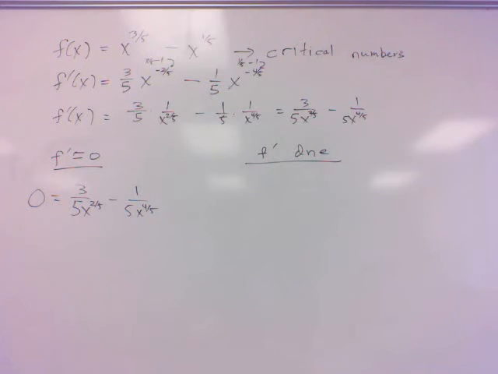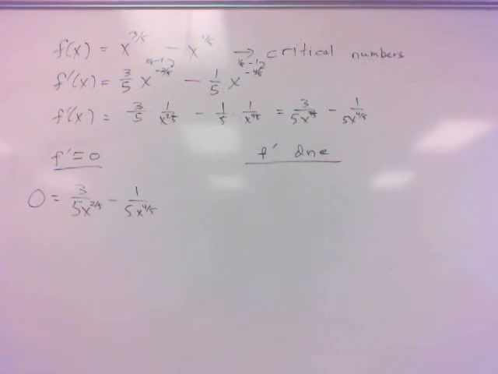How am I going to solve that? I don't think we've solved one quite like this before. But a nice, quick little trick here is you can kind of see these. I do have the fifth power and things like that. I think this will work best.